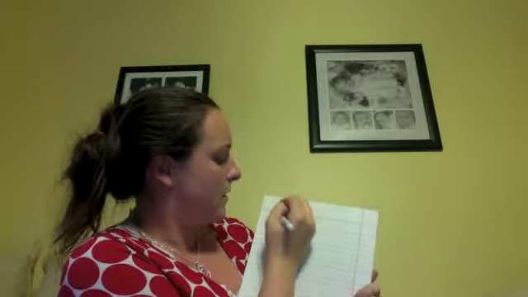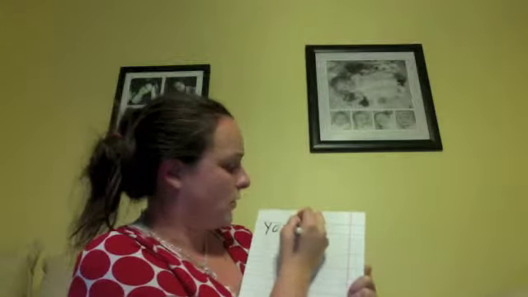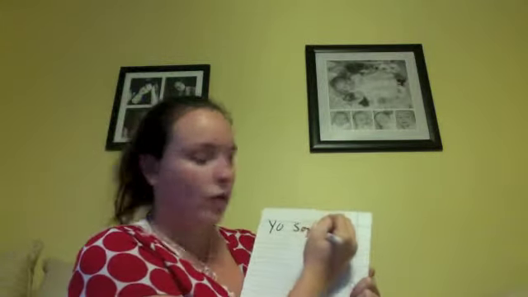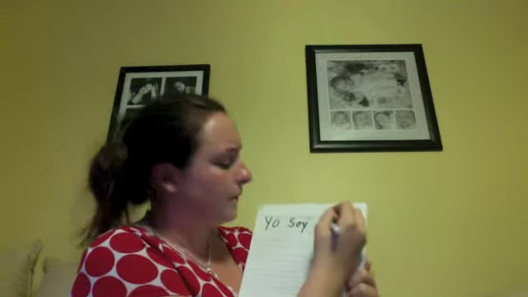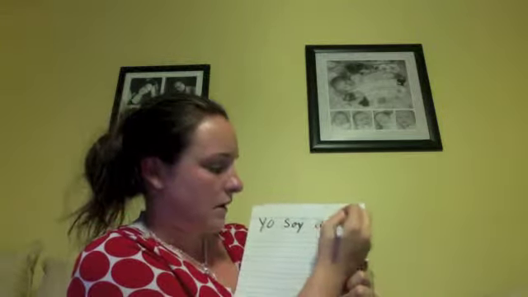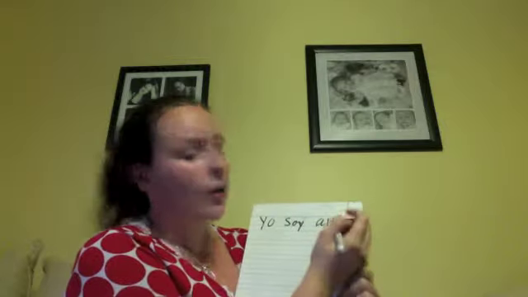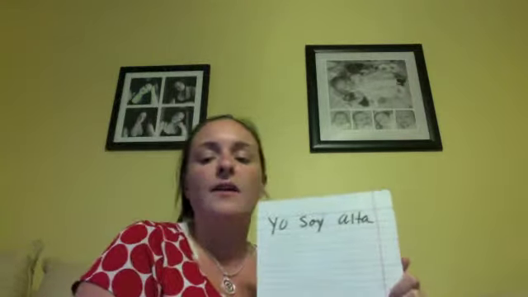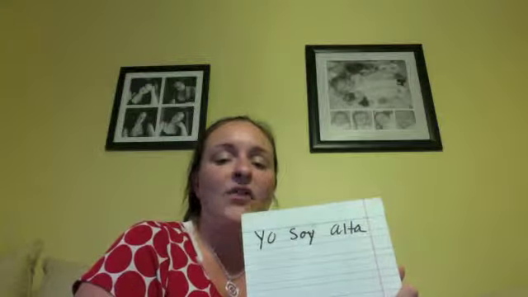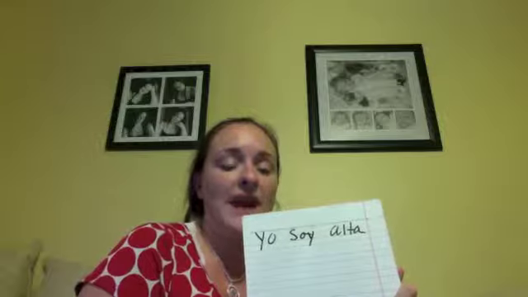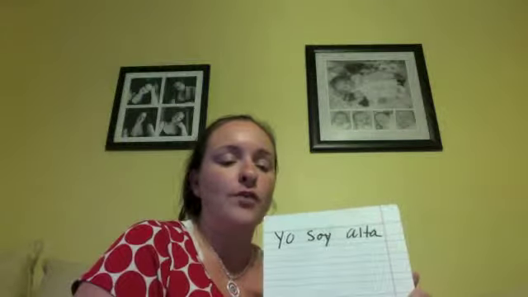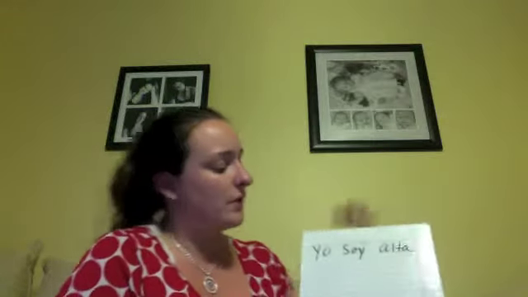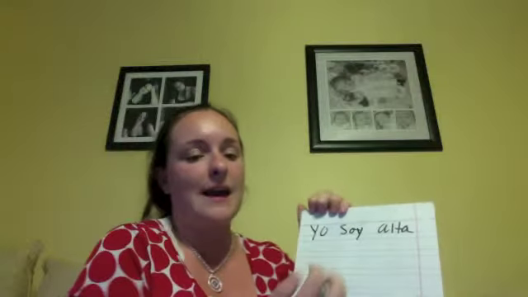I am, yo soy, and then tall, alto. If you're a girl, which I am, it would say alta, because we used on that vocab sheet where we had all the adjectives that ended in O and then they had the A's behind them. The O is for boys and the A is for girls. So yo soy alta means I am tall.